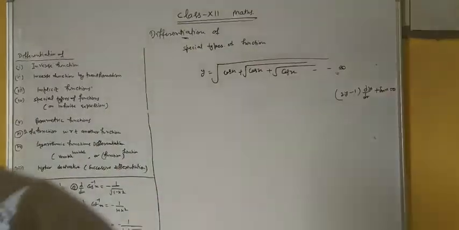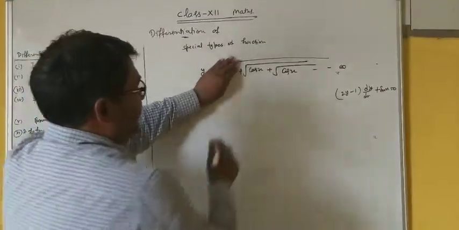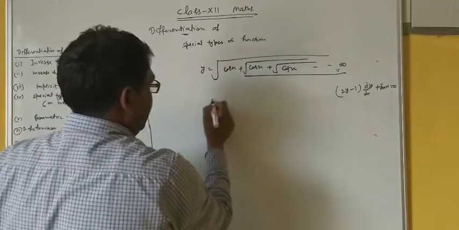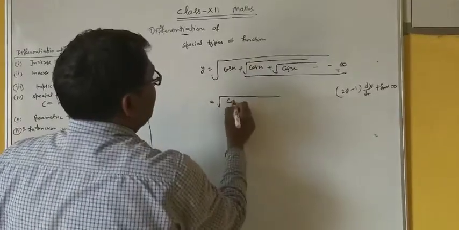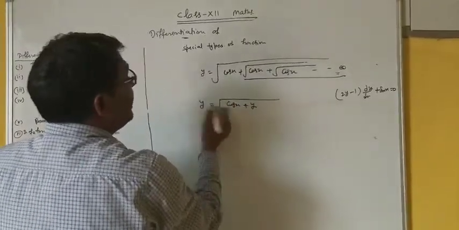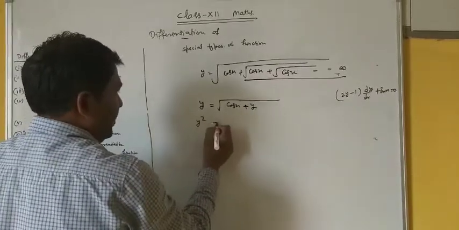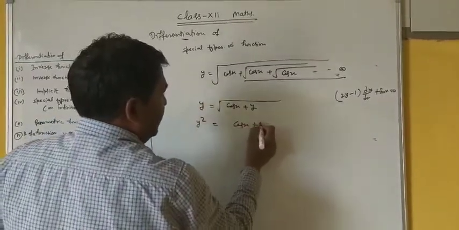Quite simple, as I have told you earlier. Just omit the first one, let this whole total be y. So you can take it as cos x plus y. Squaring both sides, you will get y square is equal to cos x plus y.